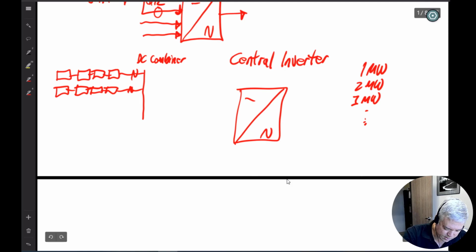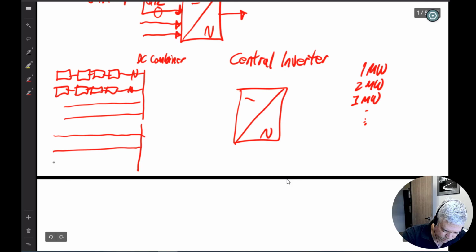This is often the way it's done. And you can do as many of these as you need to get up to the wattage of the inverter or the system. And then you bring these into the central inverter.